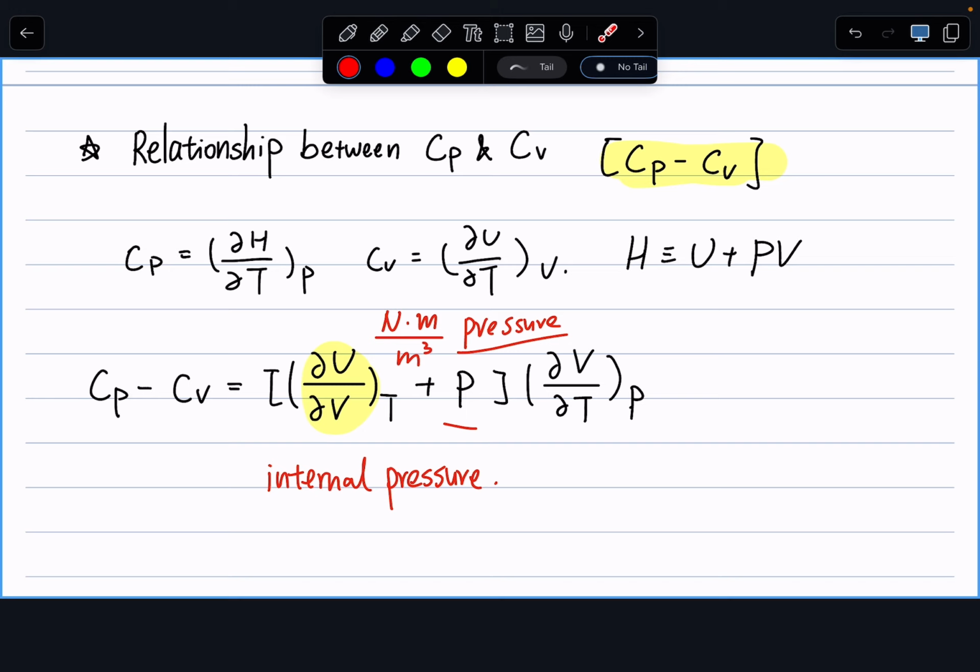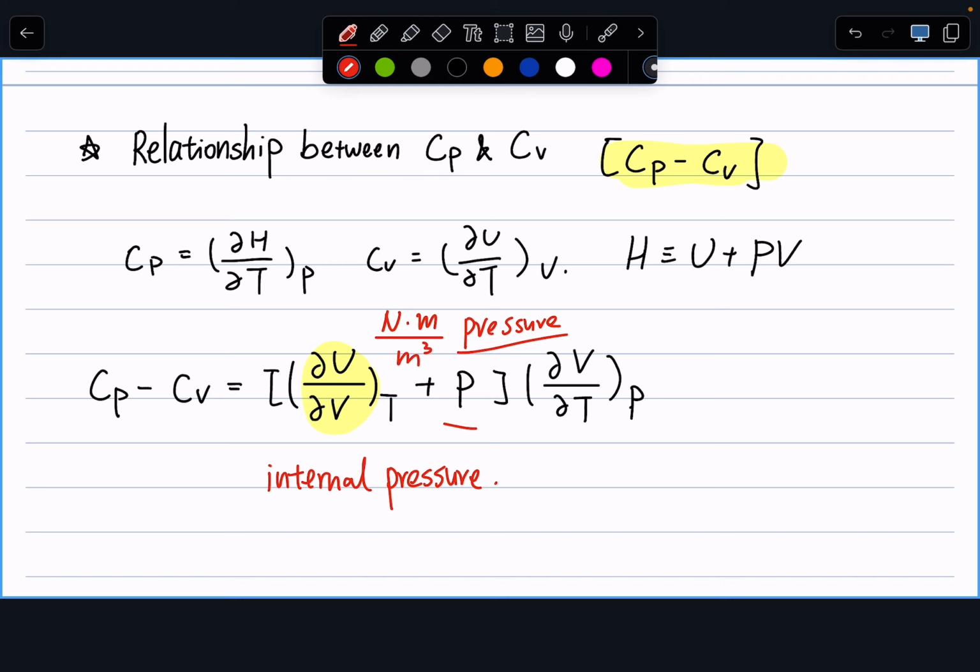So this one is the more general version of the relationship between my Cp and Cv. These are my heat capacities. Now, using this general equation that we derived, we can apply it to a specific system of interest so we can solve for the difference between Cp and Cv.